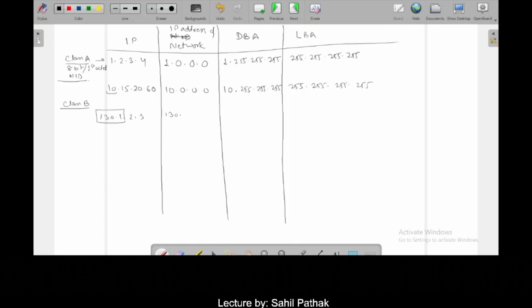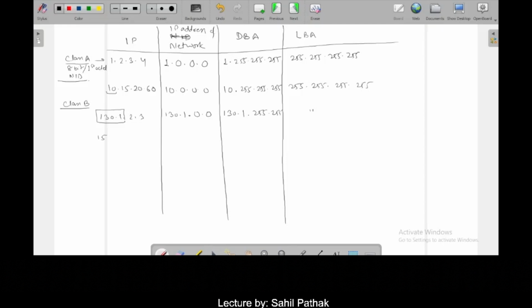So 130.1, and the rest, if I put all zeros, that would be the IP address of the network. If I put all ones, that would be 130.1.255.255. And for the limited broadcast address, it is the same, 255.255.255.255.